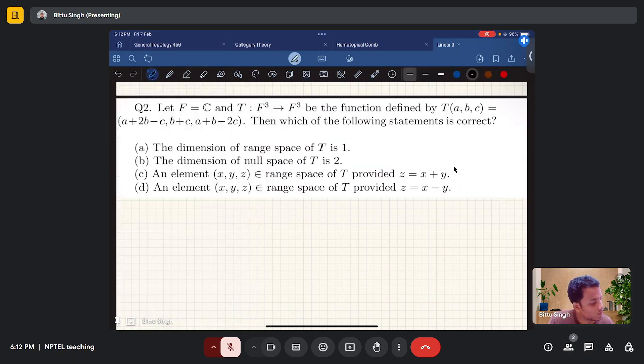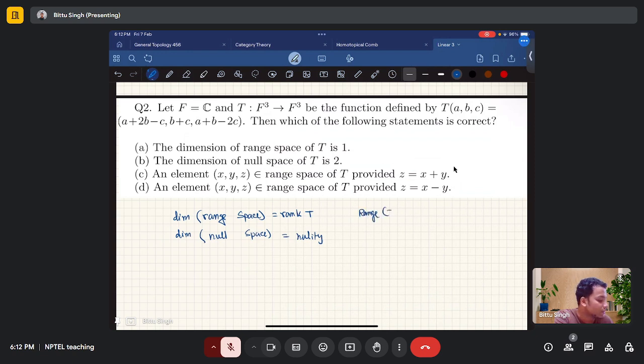So let me say something. We know that the dimension of range space is called the rank of T for this transformation, and the dimension of null space is called the nullity of T. And what is the range space of T?